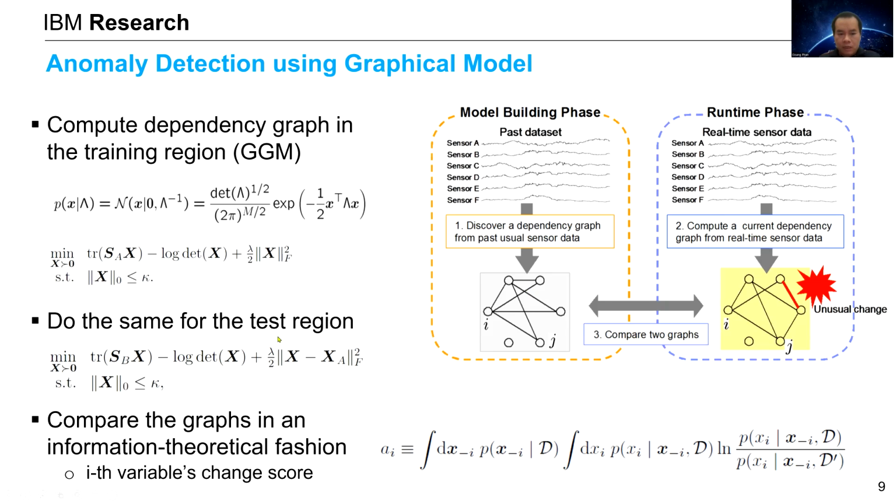So for that, we include the transfer learning technique in the testing phase. And then we also impose a sparsity condition for the graphical model. And then we use an information theoretic function to compute the abnormality score. In this one, we can compute the abnormality score for each variable by using the KL divergence.